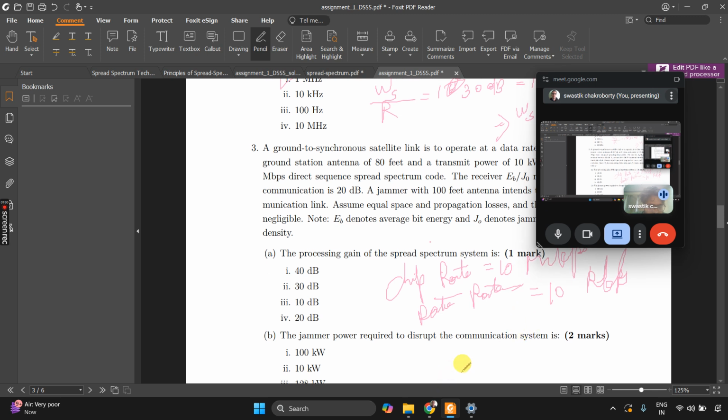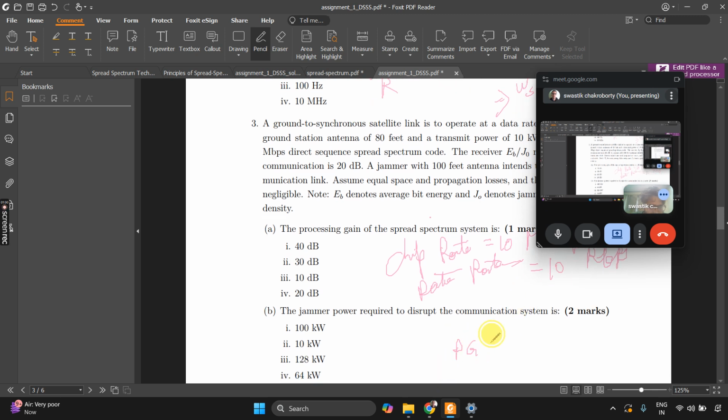So processing gain is just the ratio of these two. So it is just 1000, or in decibel, 30 dB.